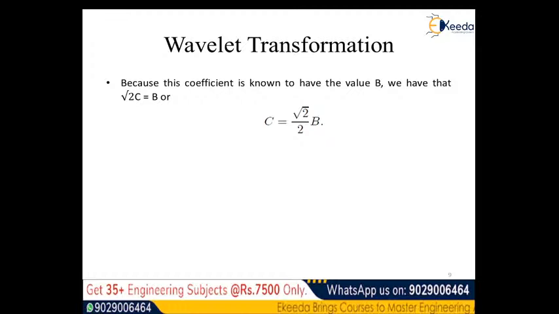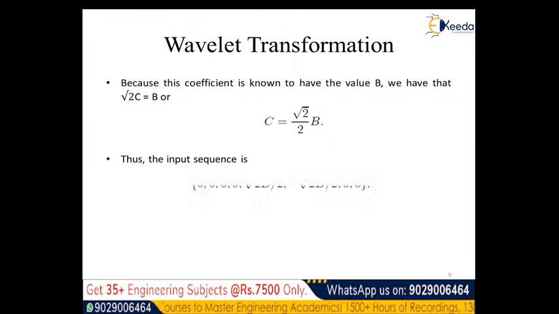In place of c we substitute the RHS of this equation, and the input sequence is: the first 4 elements are equal to zeros, then under root 2 times capital B divided by 2, followed by the negation of the same, that is minus under root 2 times capital B divided by 2, and the last two elements are equal to 0.